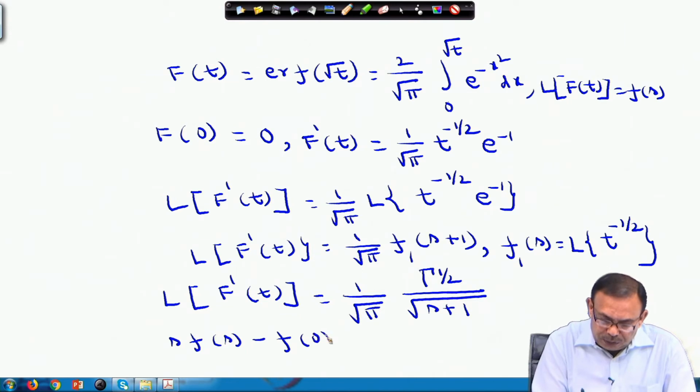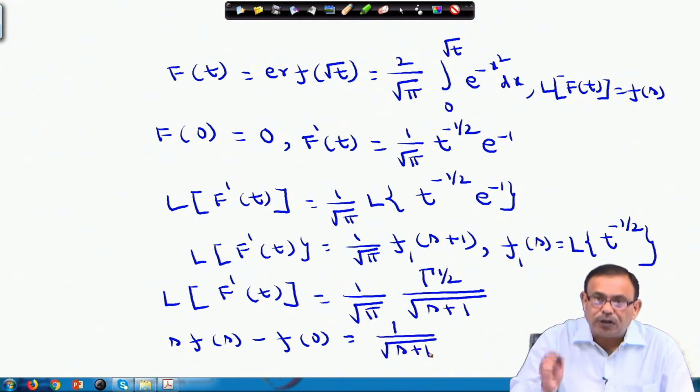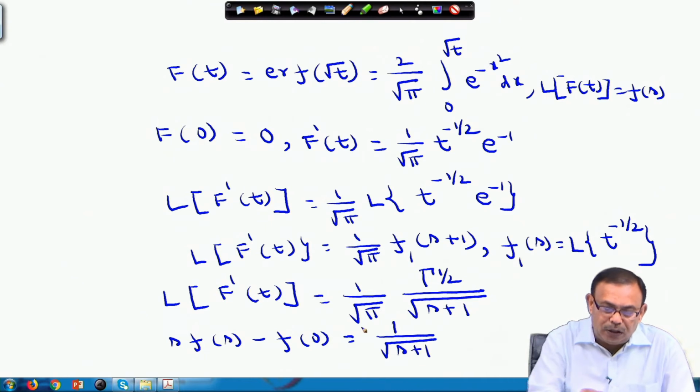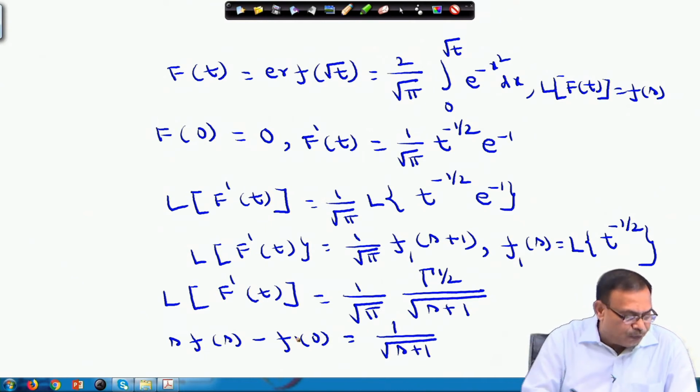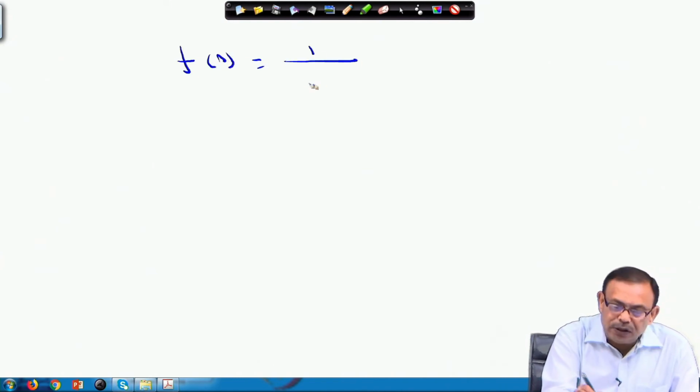This is equal to s f s minus f 0, and this gamma half is root pi. So, you will obtain 1 by root over s plus 1. So, s f s minus f 0 is equal to 1 by root over s plus 1, f 0 is already 0. So, from here you can write down your f s is equal to 1 by s into root over s plus 1.